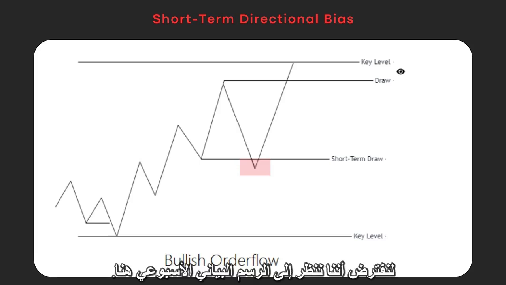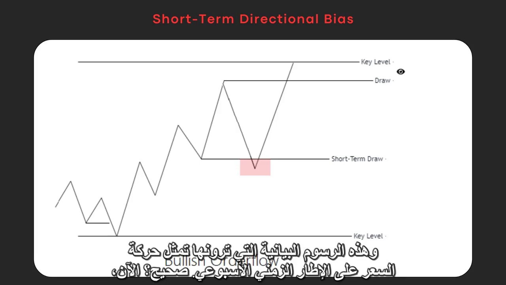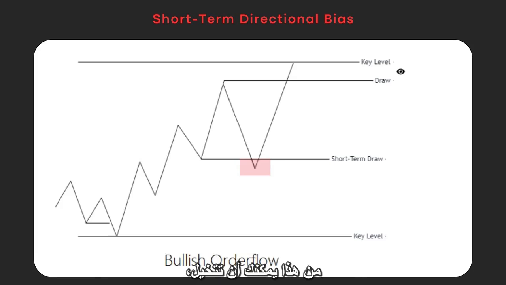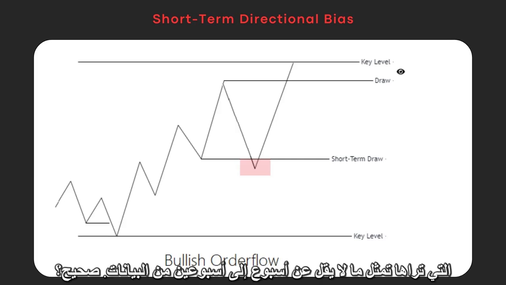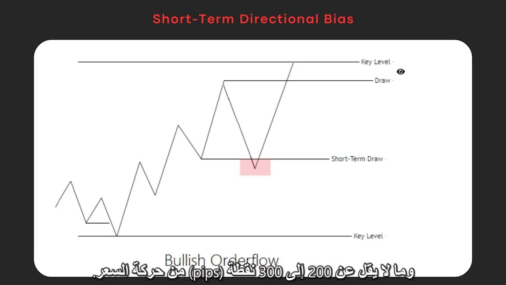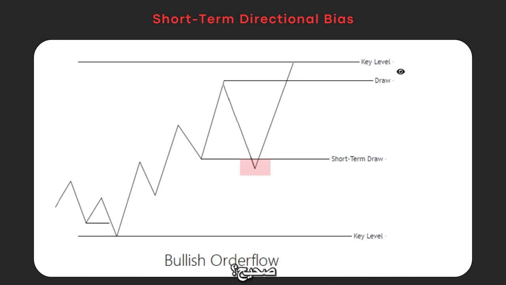Let's assume we are looking at the weekly chart right here, and these graphics that you can see represent the weekly time frame price action, right? Now from this, you can imagine and you could probably guess that each one of these swings represents at least 1 to 2 weeks of data, right? And at least 200 to 300 pips worth of price action, right? Each swing represents that framework.